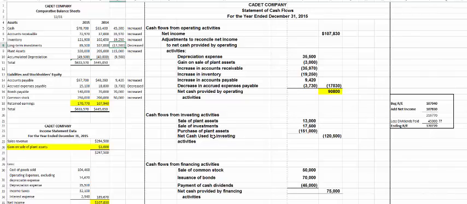Net cash by investing activities, positive 13 plus positive 17,500 minus 151,000 outflow gives us a net result of a negative 120,500. Therefore, notice this word right here says used. Used when it's negative, provided when it's positive.